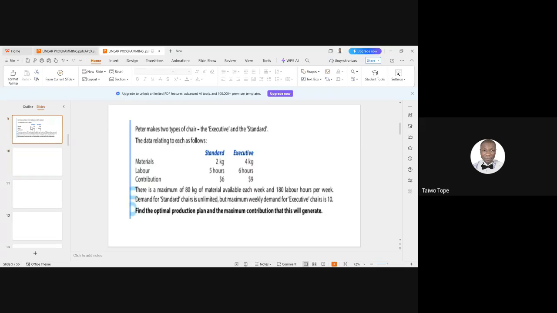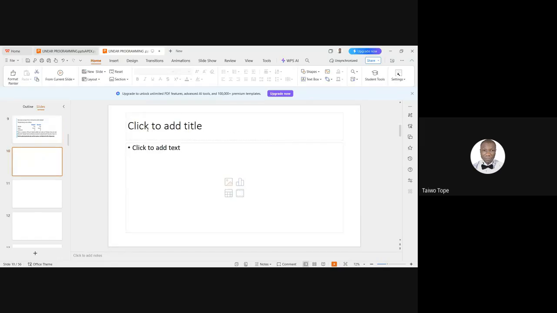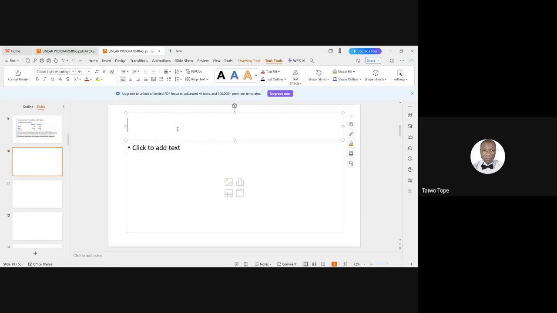We have our contribution given directly. We don't need to solve for it. It's given. So the question now is, what is your objective function? Maximize contribution. The objective function is to maximize contribution.